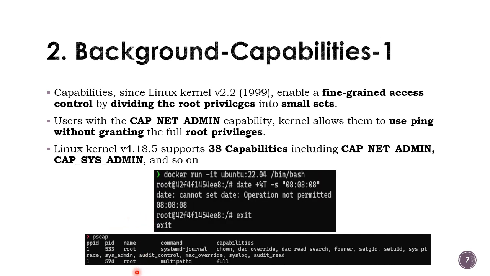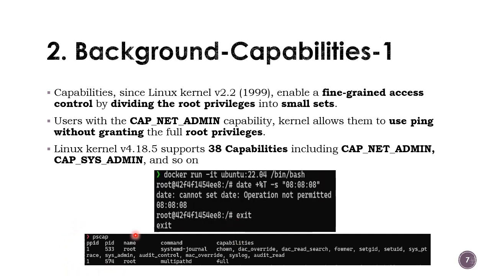Here we can see which user is accessing. We have root to root, but for the last root, we have the full capabilities, which means it has complete privilege to do everything at this process level.